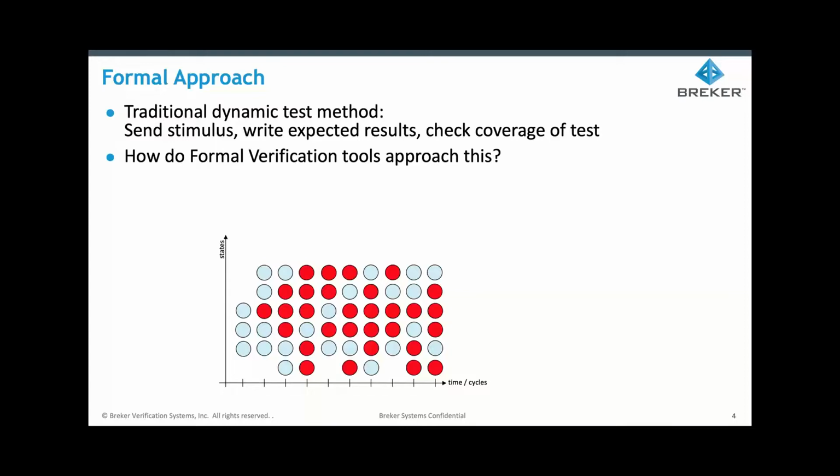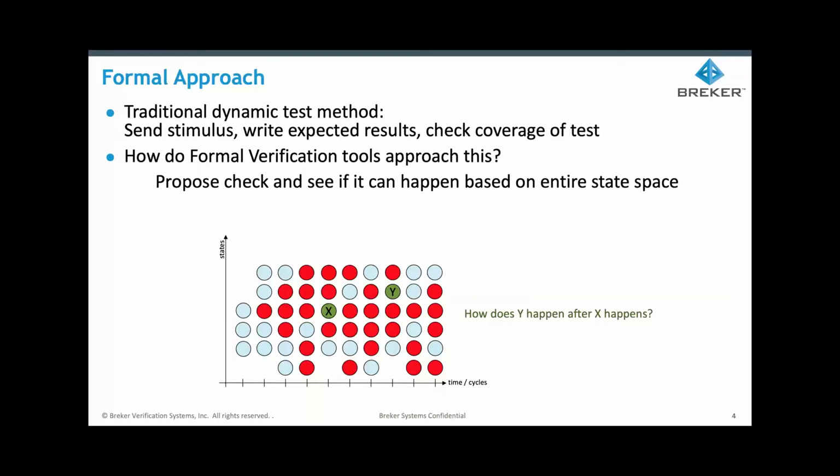So what a formal tool does, as we know, is essentially allows you to ask a question. So you can say, for example, does state Y happen after X, and what's the path between X and Y? And this is a very effective way of digging in and finding potential and difficult problems.